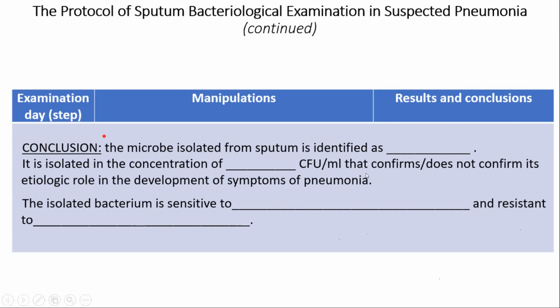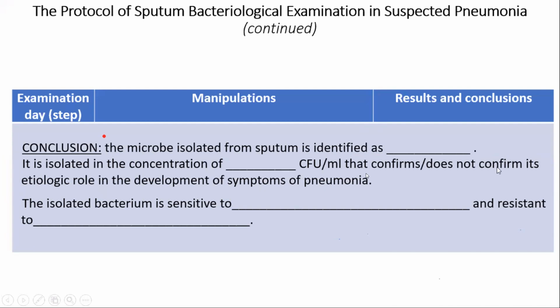It is isolated in the concentration 1.1 to 1.9 multiplied by 10 to the power 7.